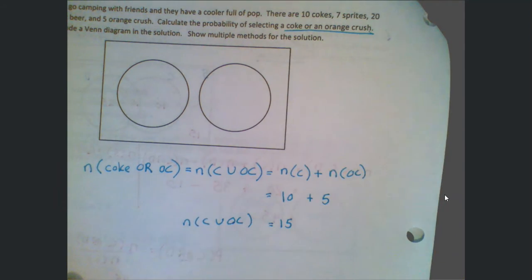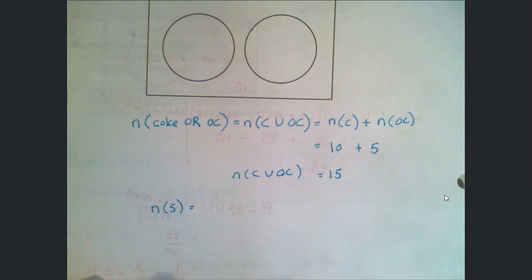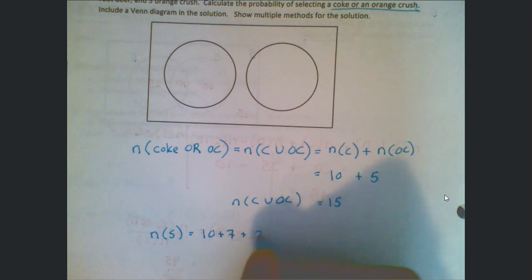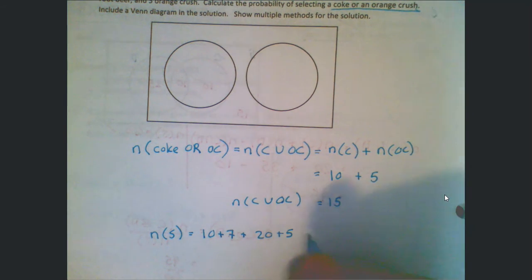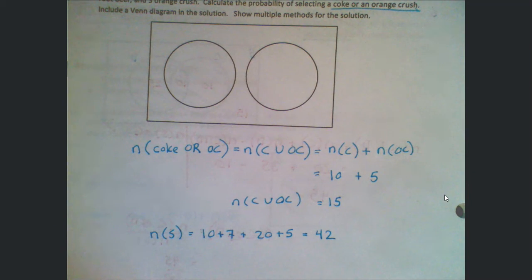in there, like that. The other thing that we note is that the total universal set contains 10 plus 7 plus 20 plus 5, which is 42. So there's 42 in total.